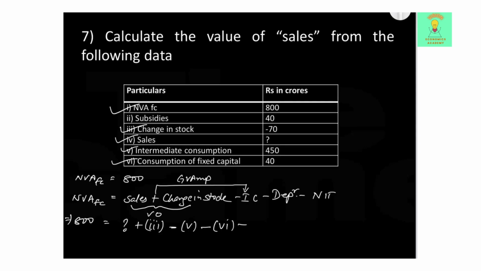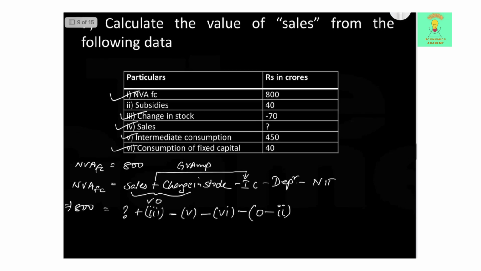Since indirect tax is not given, we'll put 0 in the value of indirect tax, minus subsidies, number 2. We'll put the value: 800 equals, number 3 is minus 70, right? Minus 450, minus 40, minus 0, minus 40.